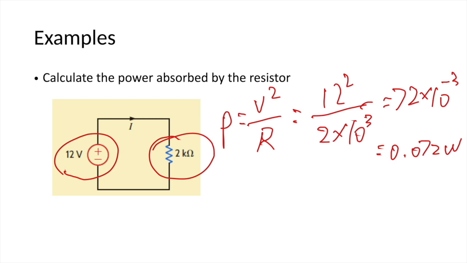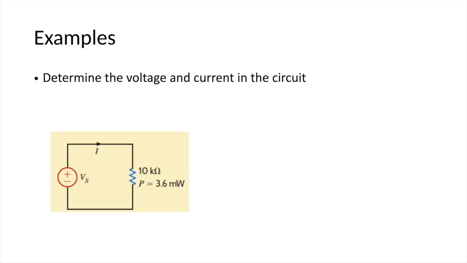In the second example, V is unknown, and P and R are known.